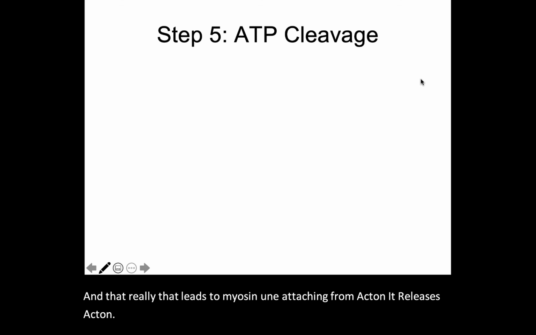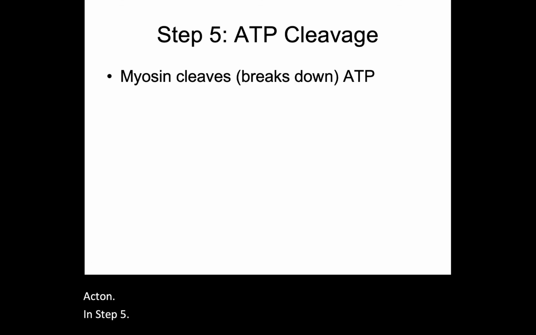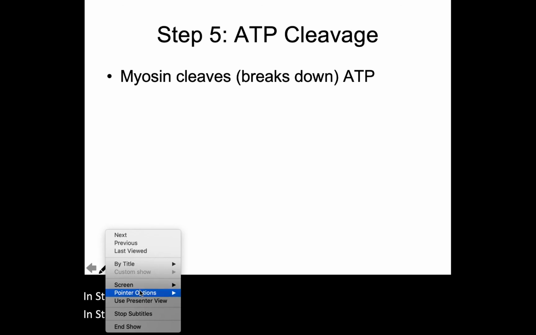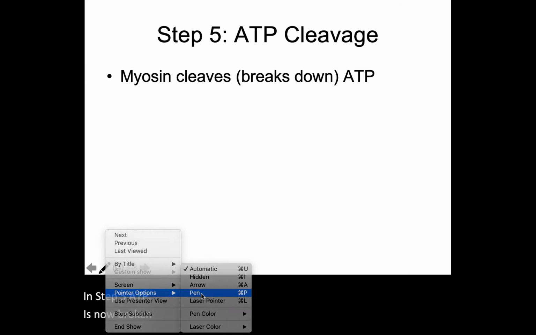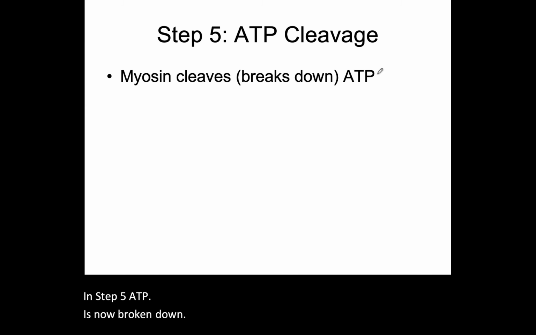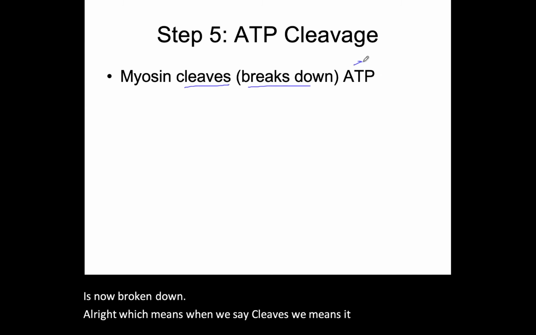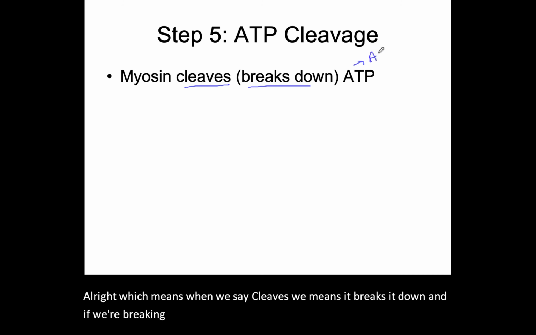In step 5, ATP is now broken down. All right, which means when we say cleaves, it means it breaks it down, and if we're breaking ATP down, we're creating ADP plus that inorganic phosphate.